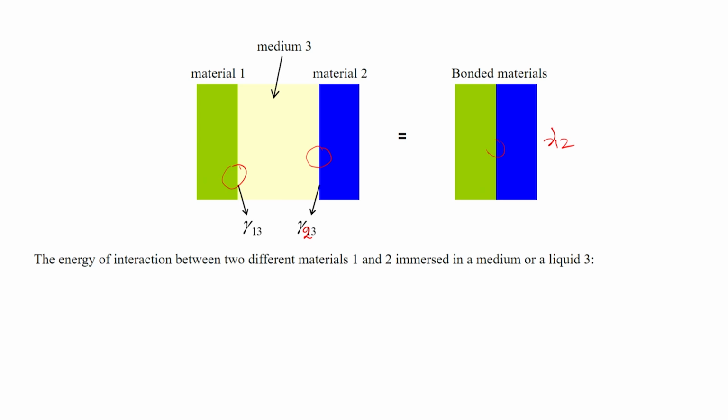So, the energy of interaction between two different materials 1 and 2 immersed in a liquid medium 3, that we need to find out. Here again it will be delta F, and we write it as 1 3 2 LW, with 3 in between. Here there is an interface that is formed, so that interfacial energy is gamma 1 2 minus gamma 1 3 and minus gamma 2 3, like that. So, this will be the interaction energy between them.